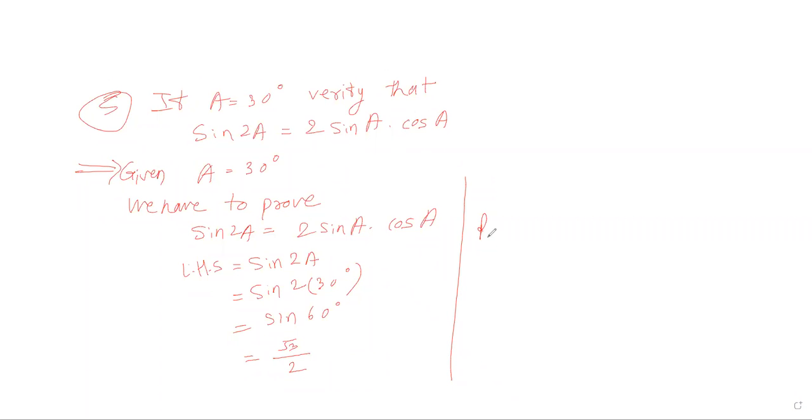Correct. Now the RHS, right hand side. The right hand side is 2 sin A into cos A. We are putting the A value, A is 30 degrees. So 2 as it is, sin 30 degrees is 1 upon 2, into cos 30 degrees, root 3 upon 2.